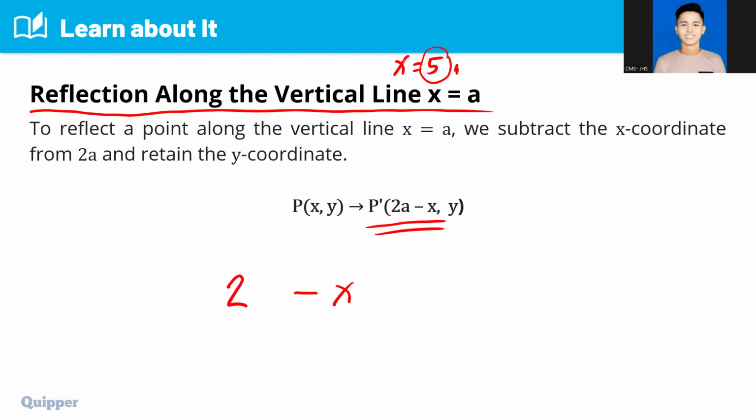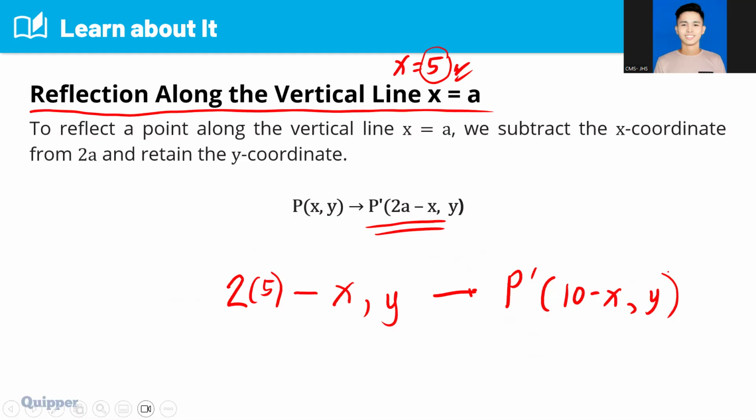For example, x = 5, so 2 times 5, and then we retain the y coordinate. So it will now become P prime. This is for my example, x = 5. So 10 minus x is the representation for the x coordinate, and then we will just copy y.